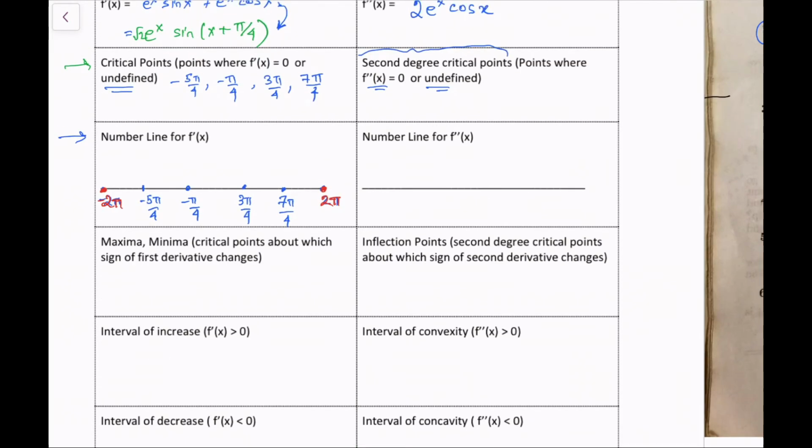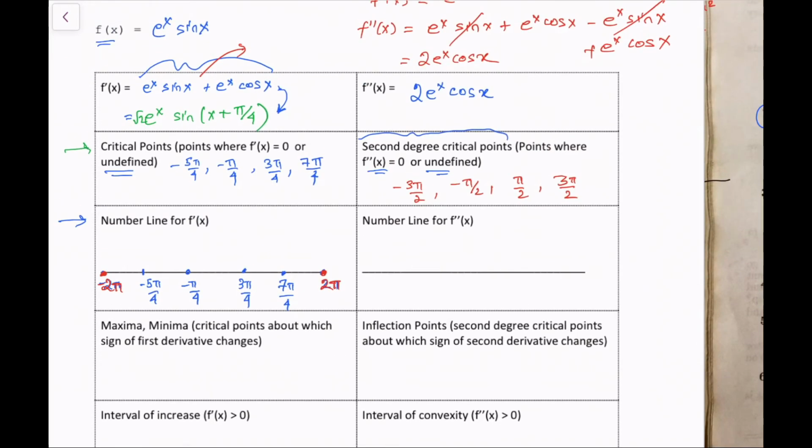So let's record that in this chart. Negative 3 pi by 2, negative pi by 2, positive pi by 2, positive 3 pi by 2. So we have these four values which are called second degree critical points when the second derivative is either undefined or it is 0.